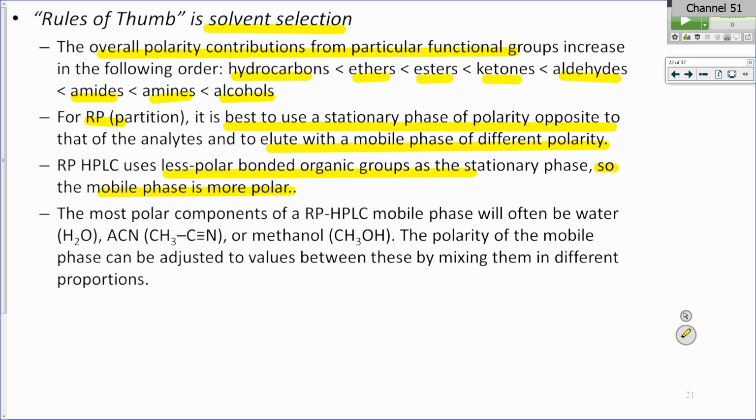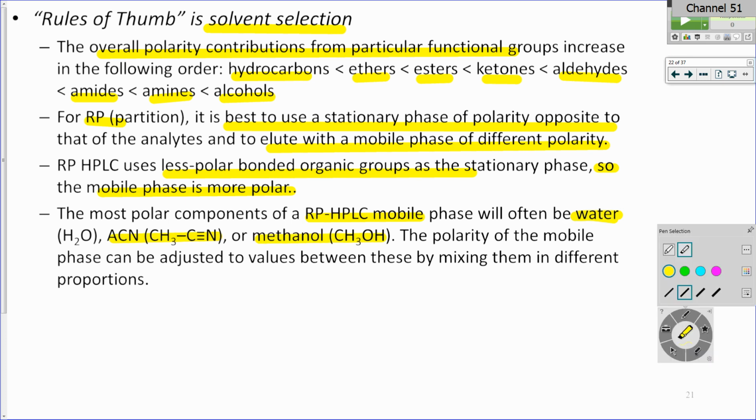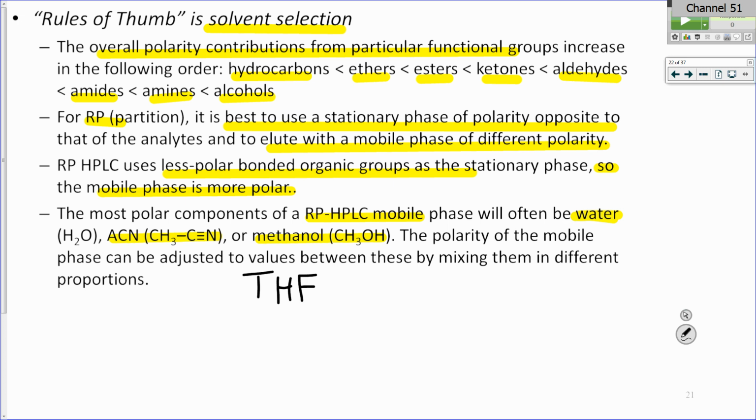The most common mobile phases that we use for reverse phase are going to be aqueous-based systems that are combinations of water with acetonitrile or methanol. A third one that I didn't put on here is THF, tetrahydrofuran. Tetrahydrofuran has a negative associated with it, in that it can form epoxides over time, and those epoxides can be explosive.